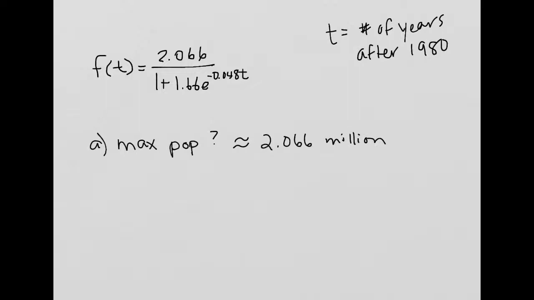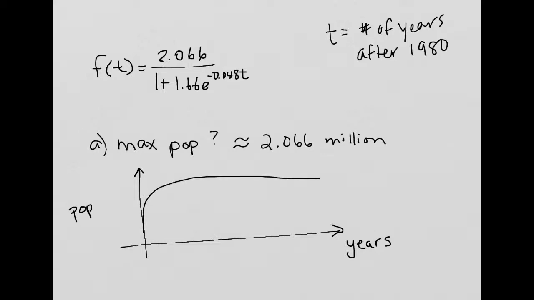when I graph this equation, and you'll graph it on your calculator, and we'll do that together in class, you use the number of years as your x-axis and your population as your y. When you graph it, you'll find that it maxes out at about 2.066.